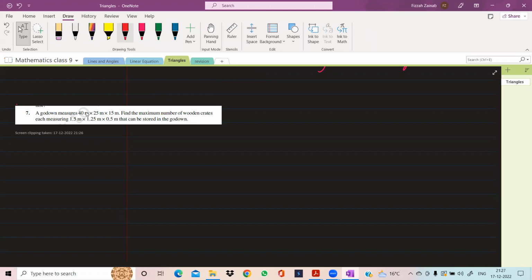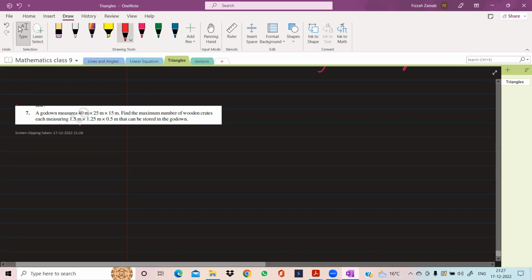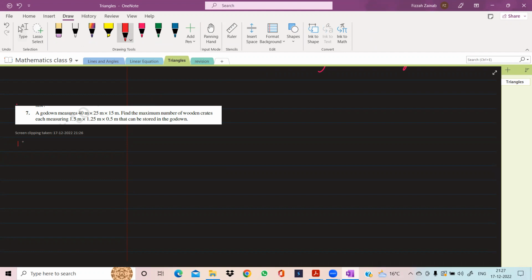Now see here, the measurements of the godown are given, and the measurement of each crate is given. So you will find the volume of the godown, the space inside the godown, and then you find the volume of each crate, the space occupied by each crate.